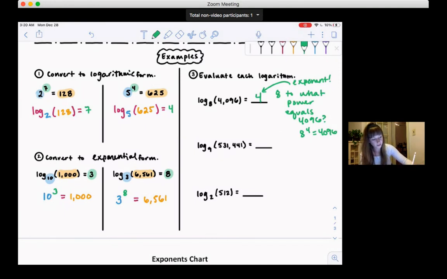Okay, let's try that again. So for this one, log base 9 of 531,441, this is asking 9 to what power equals 531,441. So we're just going to go back to our exponent chart to answer that question.